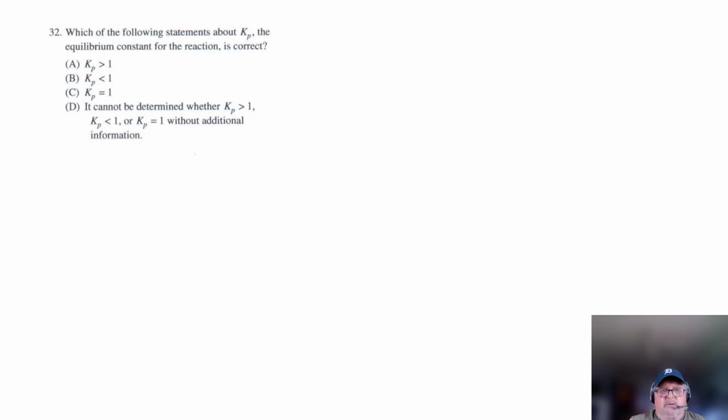Okay, so which of the following statements about Kp is correct? Is Kp greater than 1, less than 1, or equal to 1? Well, we can actually figure it out. We're going to use the ICE table here. So we have our reactant going to our products.